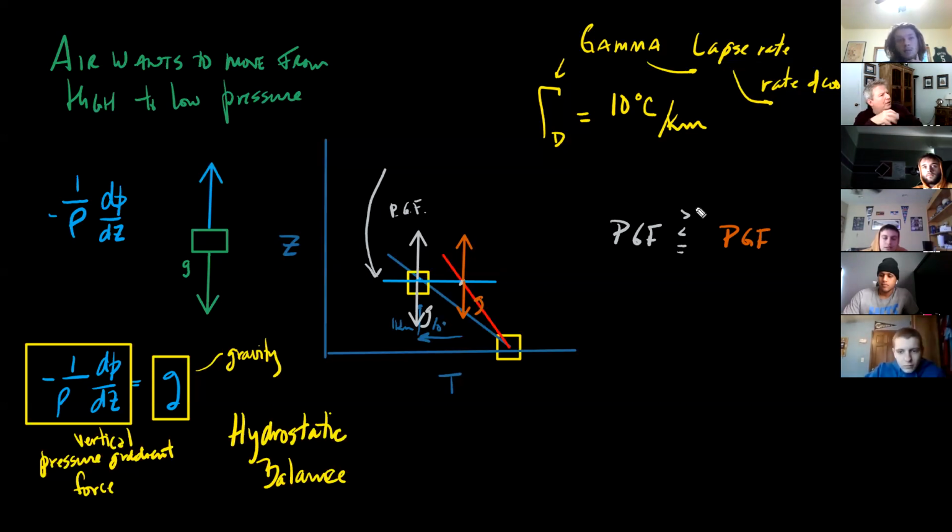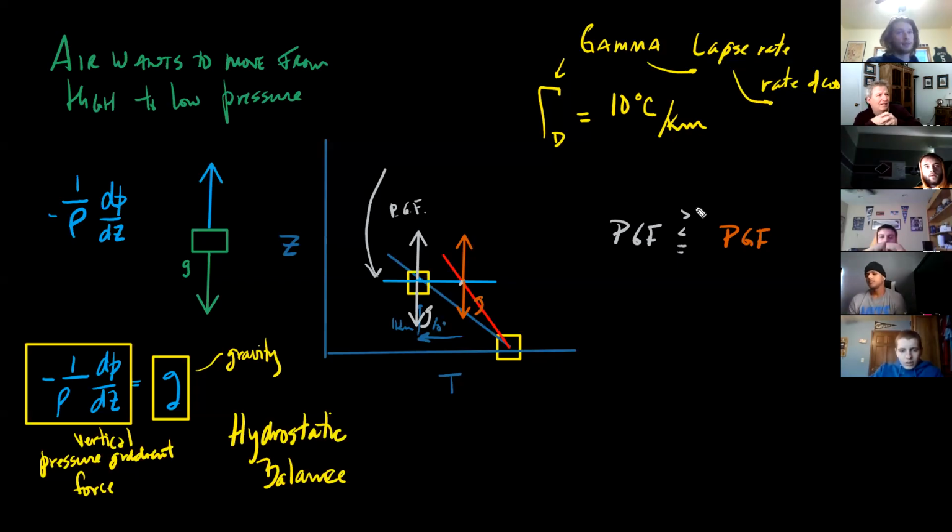Tom, you were pretty quick to say it's down. Why? Because the temperature is higher in the orangish one, so there's more pressure because there's more kinetic energy. Close.